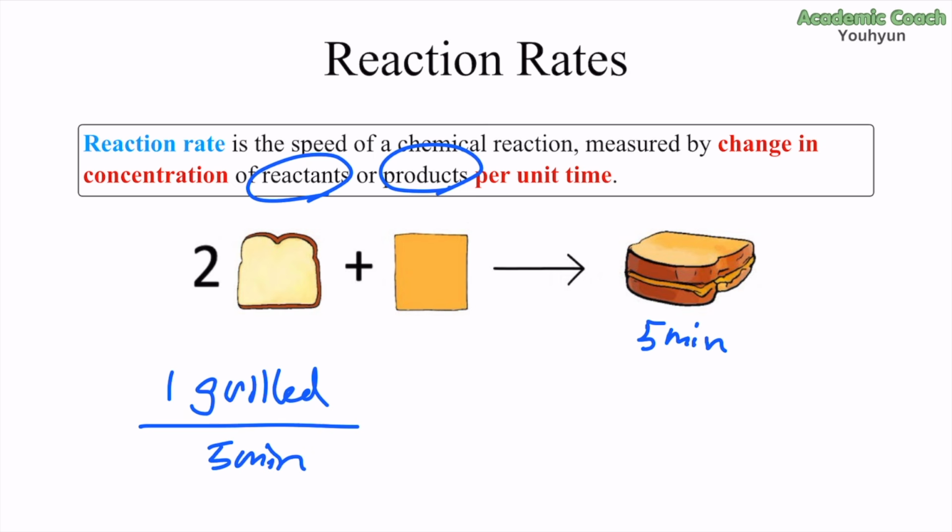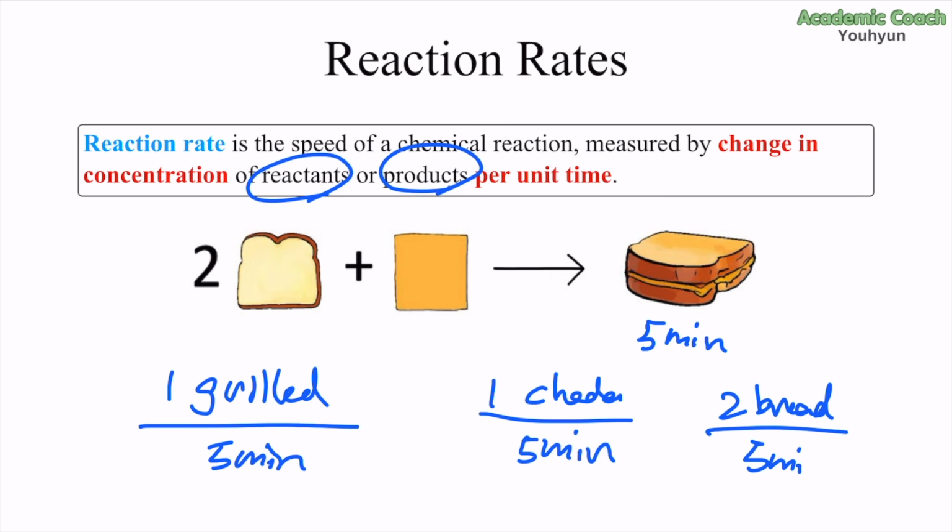So I could use one cheddar cheese over 5 minutes to represent how fast I am consuming the ingredients, aka how fast I am producing a product. And that's the same as when I use the number of the bread. I could use 2 pieces of bread per 5 minutes to represent how fast I can make this grilled cheese.